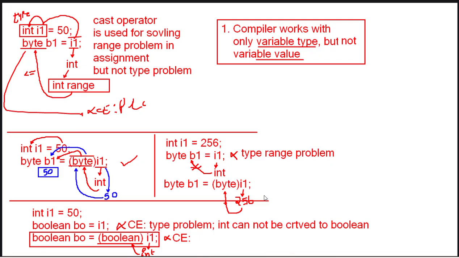So in real life, many times we need to convert one type of value to another type. If the value is within the range of the destination variable, there is no loss, the value is just type converted and stored. If the coming value range is greater than the cast operator type, then the value is reduced and the result is stored.